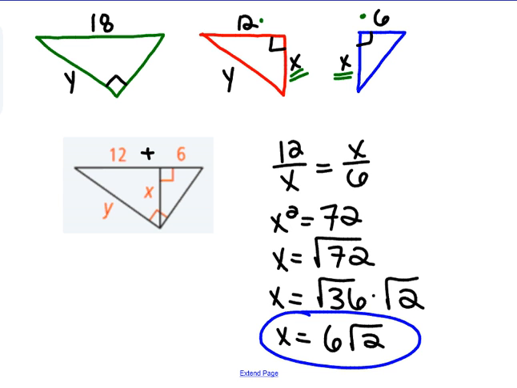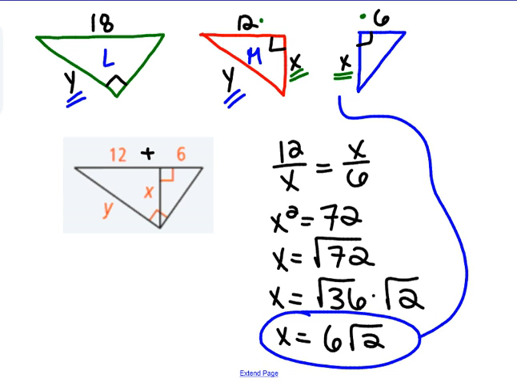And then we'll do the same thing for the variable y. So which two triangles contain the variable y? If you look at it, we have the large triangle and the middle triangle. They both share the variable y. Now let's put this value of x up into our problem.